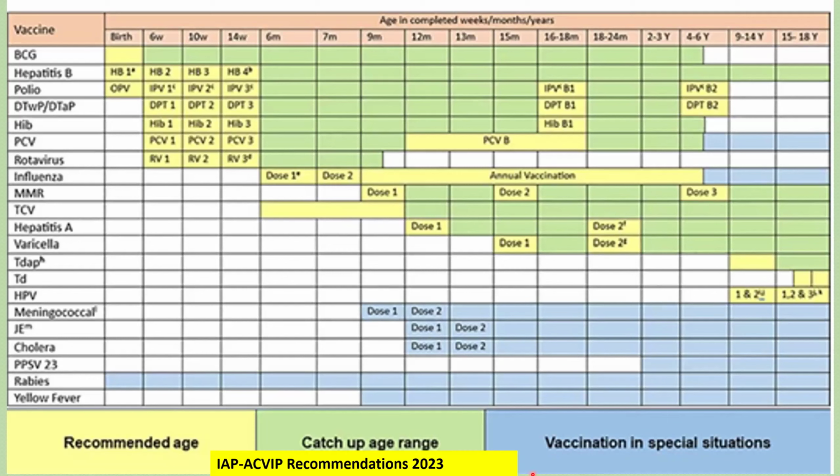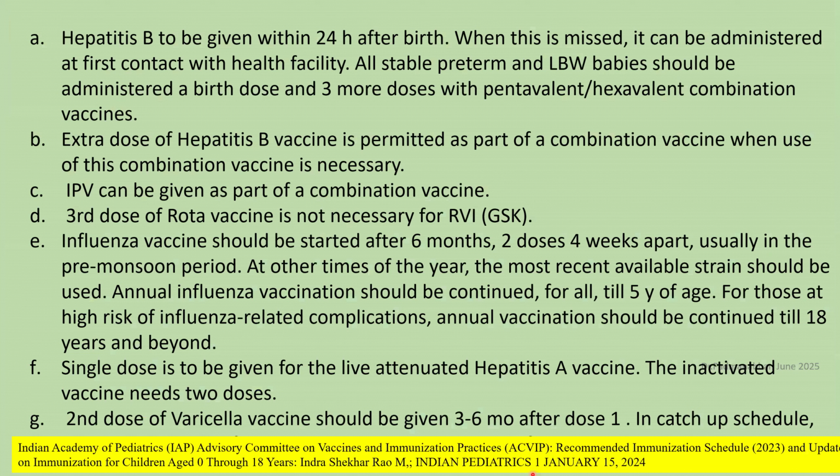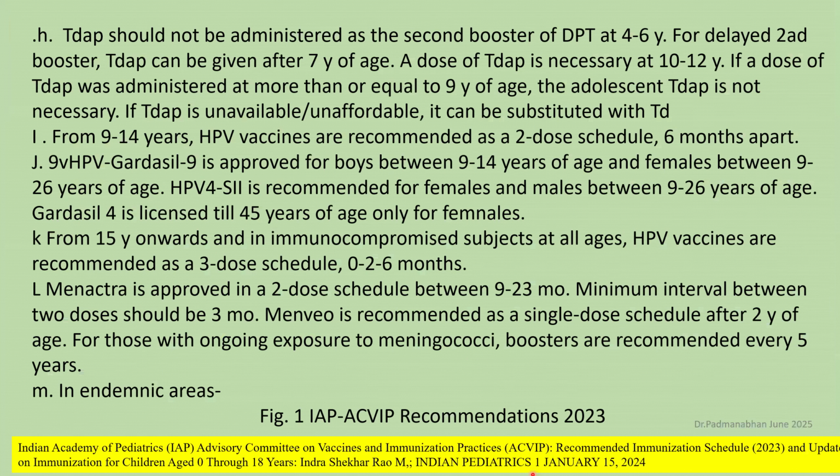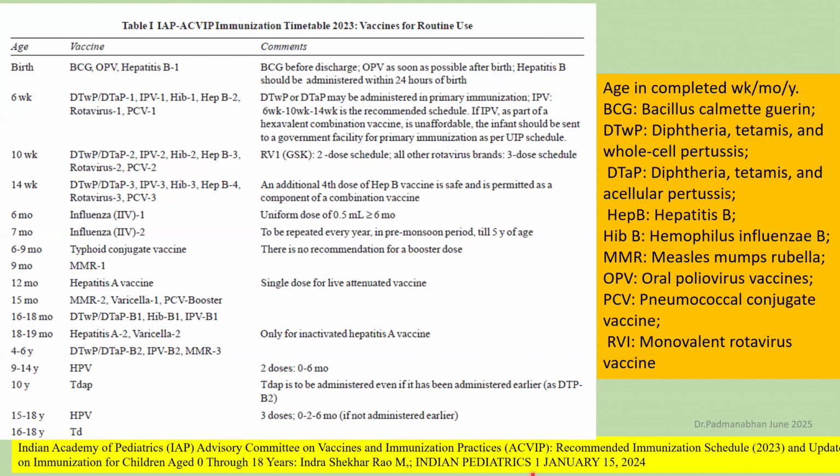This is the immunization schedule, which we will not go into. You must read it and you must know it. Anyway, I will not go into detail about it. We will talk about it in detail later when the time comes. Now, this is all the immunization schedule by the ACVIP at various ages.